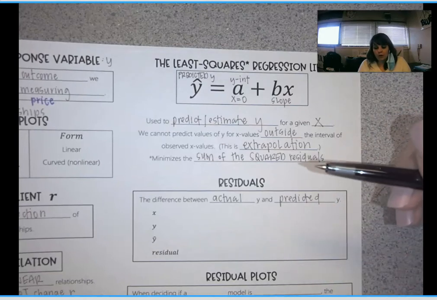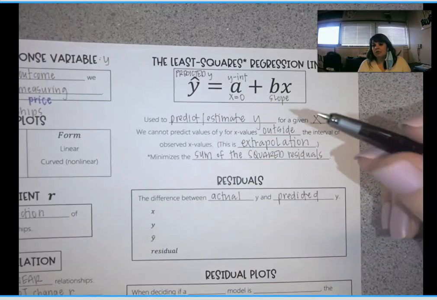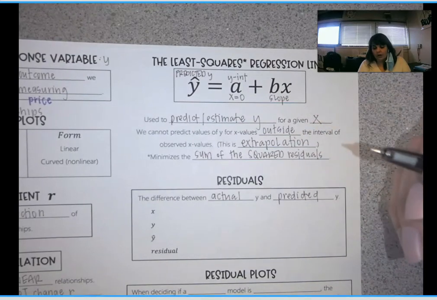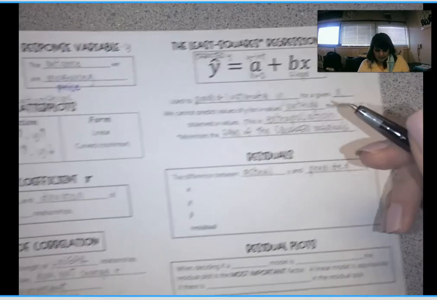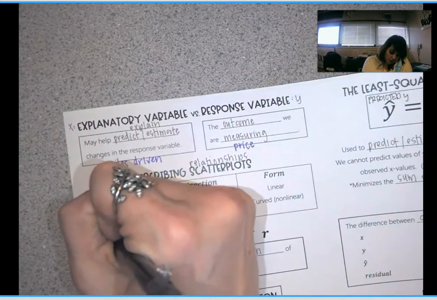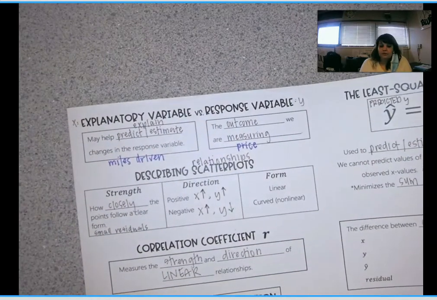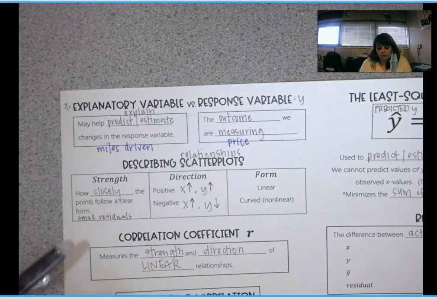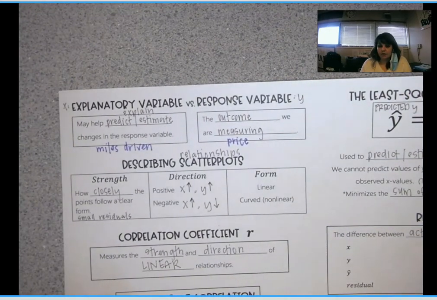If your points are very close to the prediction line, that means your residuals will be small and your relationship is strong. So maybe over here we could add something in like small residuals. But remember, residuals only apply to linear relationships.